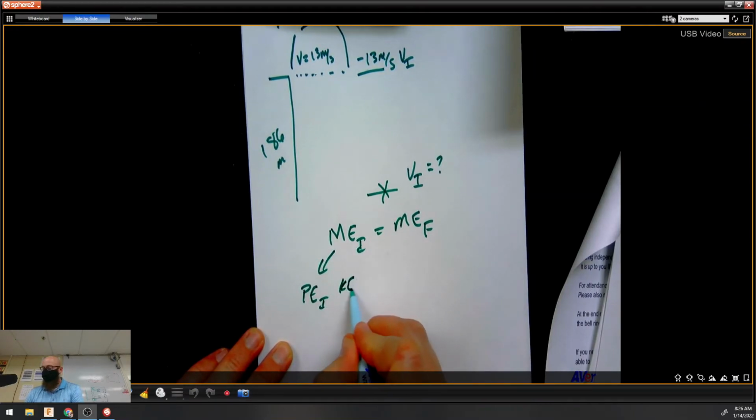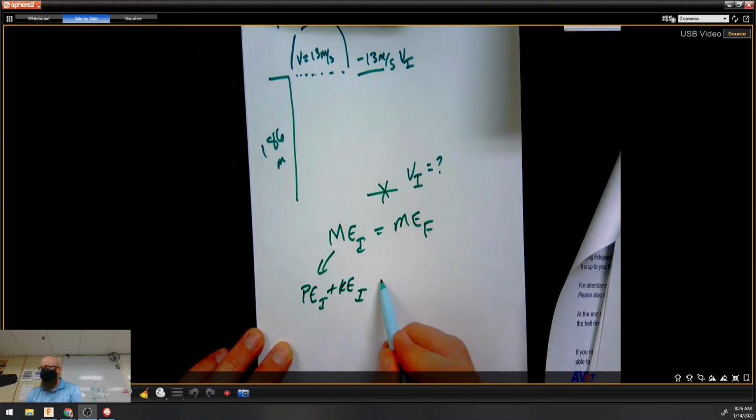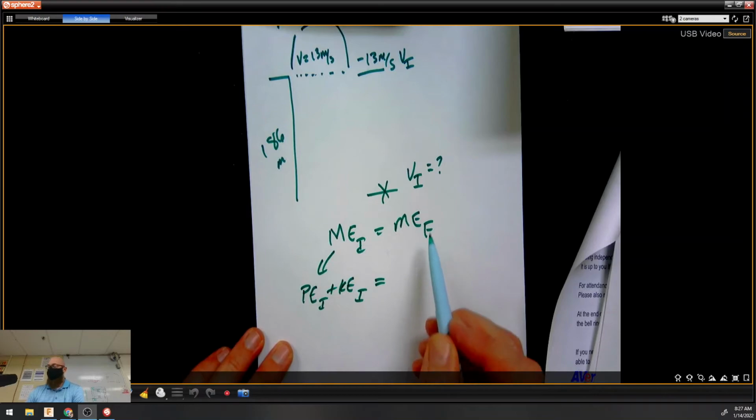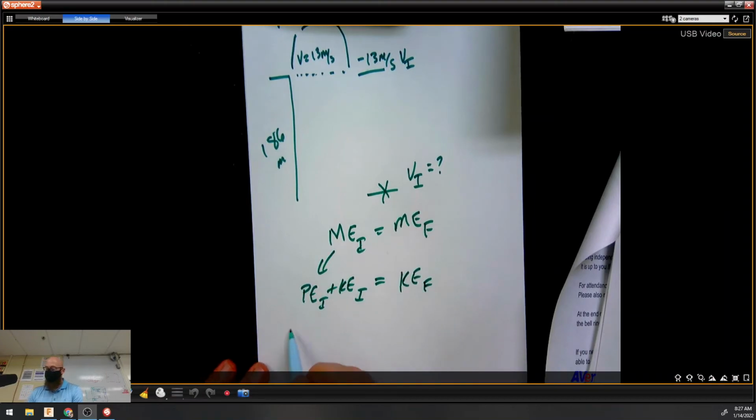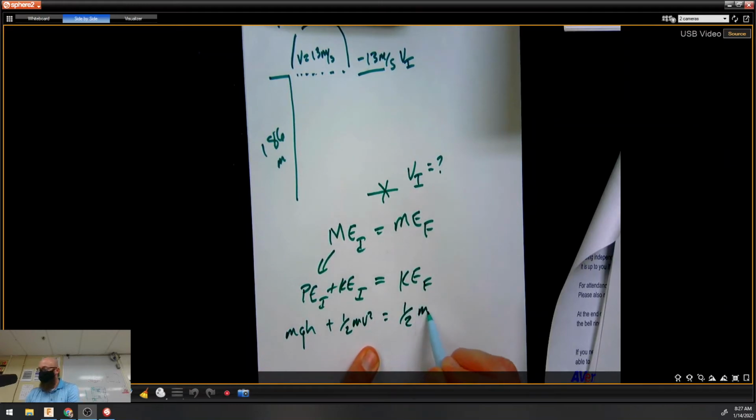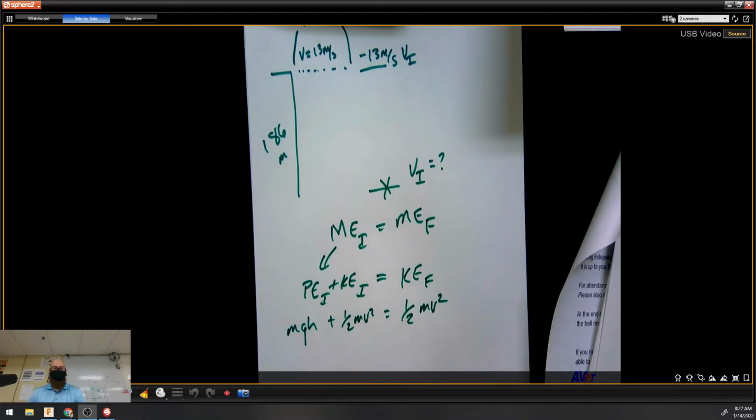I have kinetic energy, initial. Add those two up. Mechanical energy, final. What is my only mechanical energy at impact? Kinetic. Away you go.